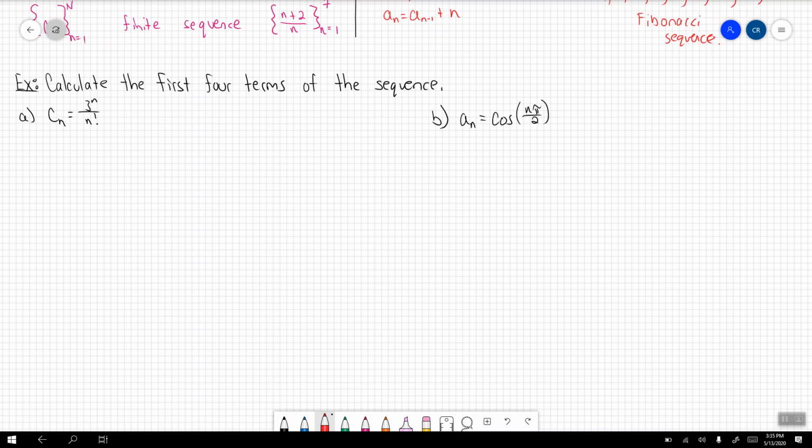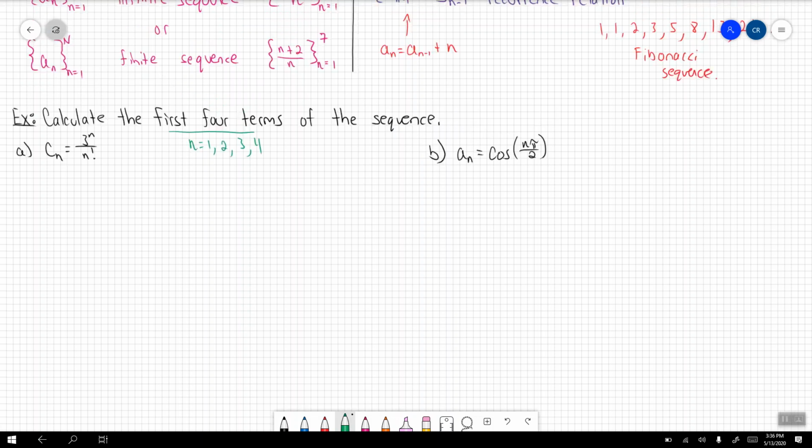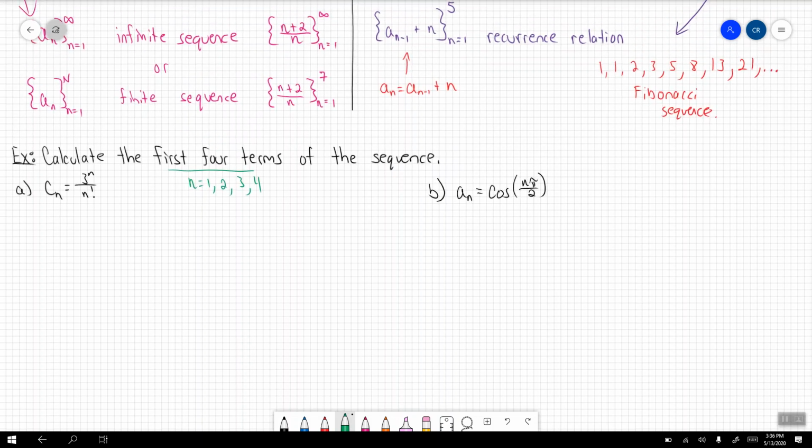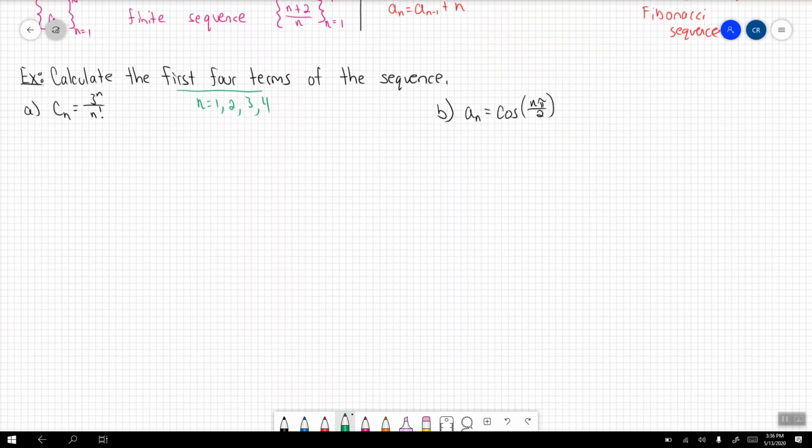First 4 terms means that we're going to have to find n equal to 1, 2, 3, and 4 in accordance with our formulas up here. So let's start generating some of those values.